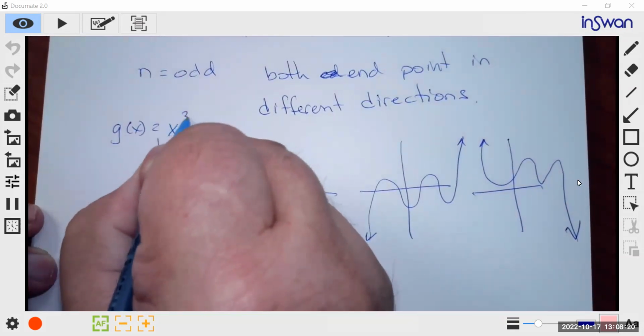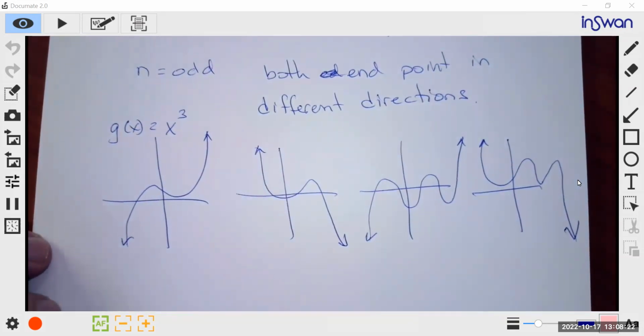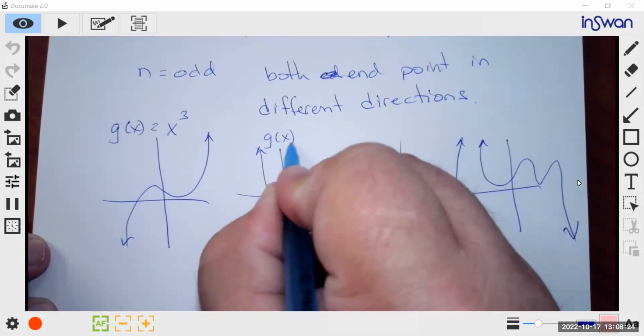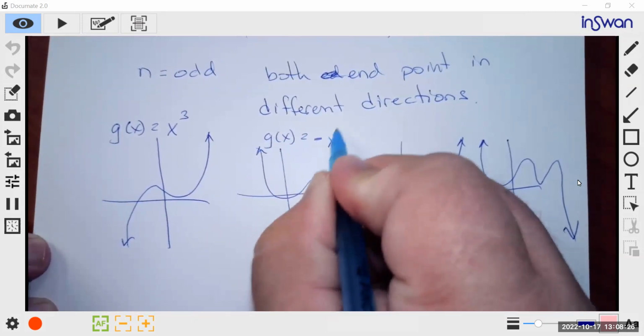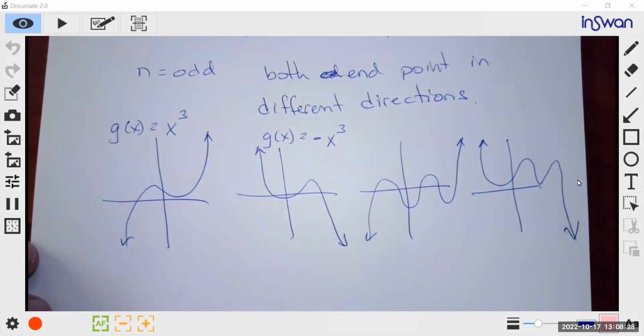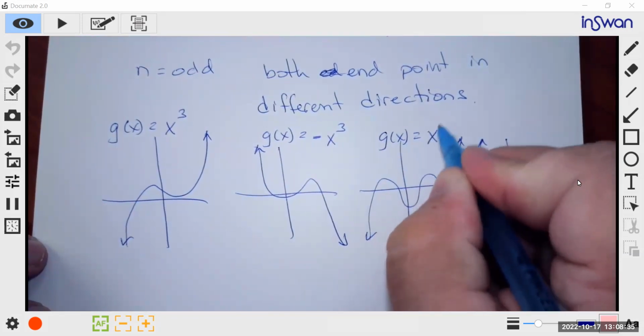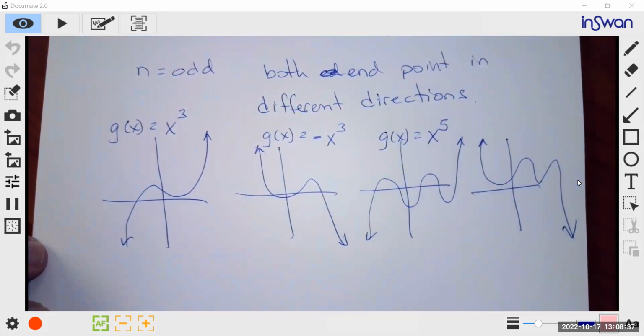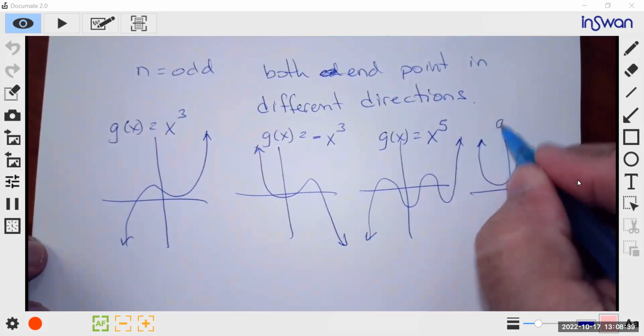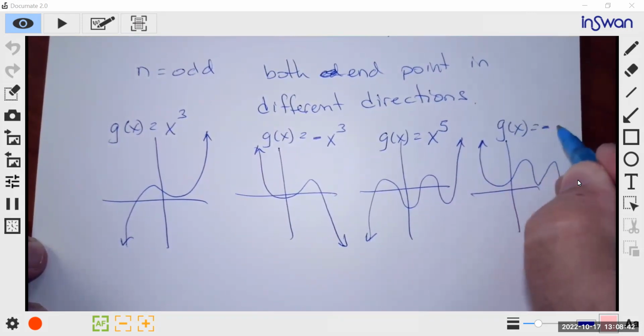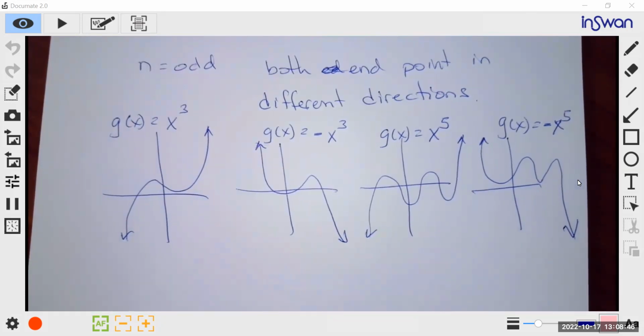This is a cubic function. This is a negative cubic function. So the degree tells us which shape direction our graph's going to have.